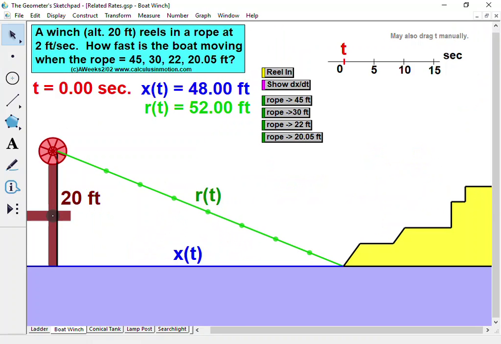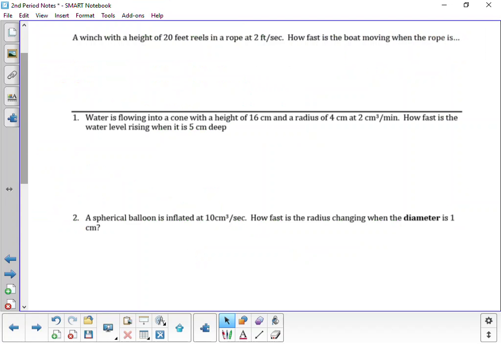So let's go with rope is, do you want to do 45, 30, 22, or 20.5? 30, okay, I've heard multiple 30s. So let's go with the rope is 30 feet.